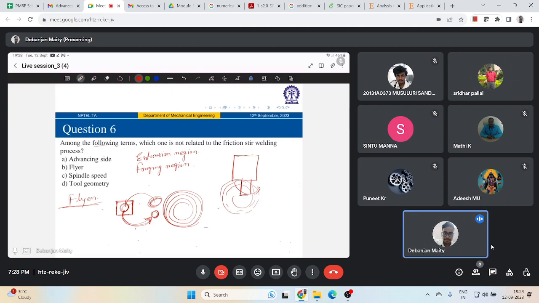I can't hear you. Which process? I told you this flyer plate is moving at a very high velocity, and the collision is happening with a plate. Where is this flyer plate used? We use it in explosive welding.